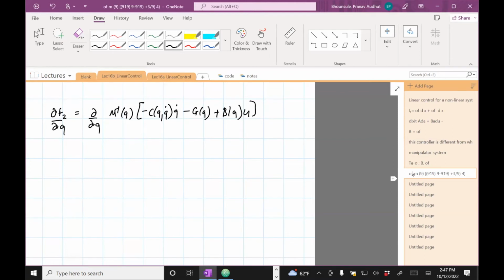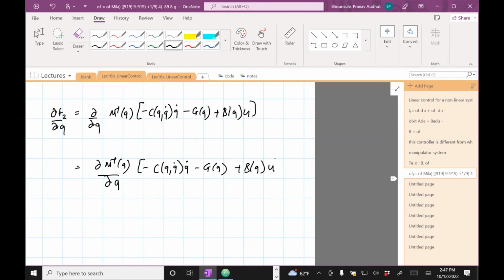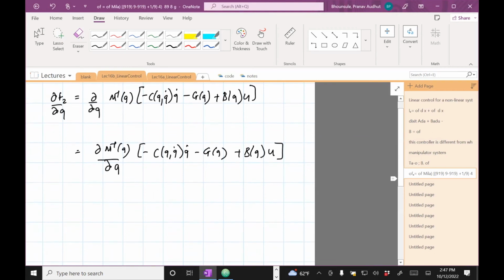Now you see that there is M inverse and there is that other term. I'm just going to use the chain rule. Okay, and then keep the second term as it is. And then keep the first term as it is, take the derivative of the second one. So we have dc dq dot.